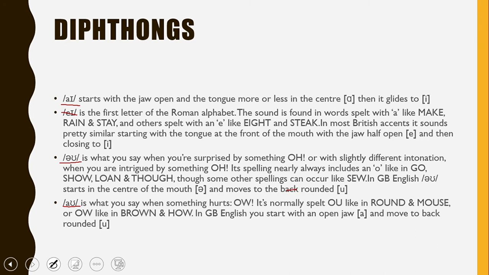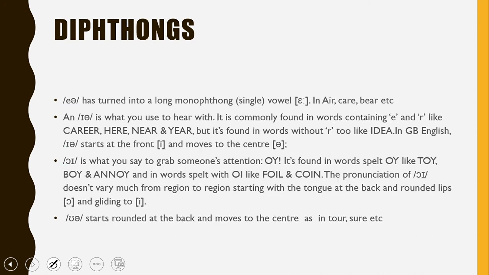Then comes air. This word itself is the air which you breathe in. When you say air, your mouth is in a sort of neutral position. You can find examples like air, care, bear, etc. Then comes ear.